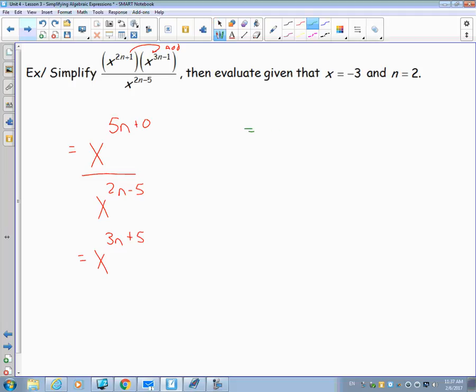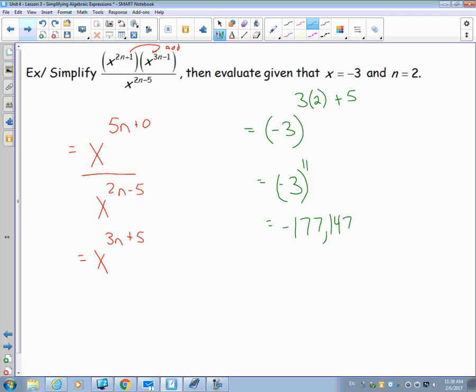Okay, x is supposed to be the number -3, so I'm going to put it in brackets. 3n, where n is 2, plus 5 will give us -3 to the power of 11. Make sure it's in brackets. And now I can calculate this, which will be a big number. But it's much easier doing it at the end than doing it all the way through with all those big numbers. I believe you get -177,147.